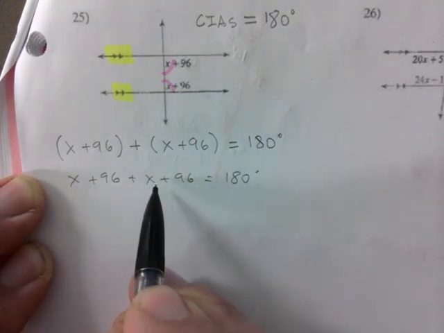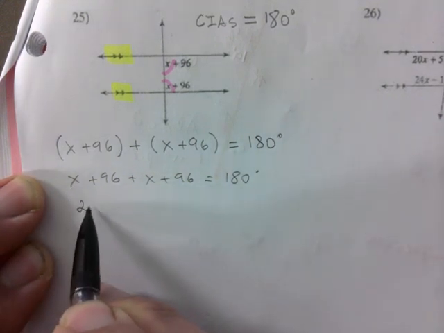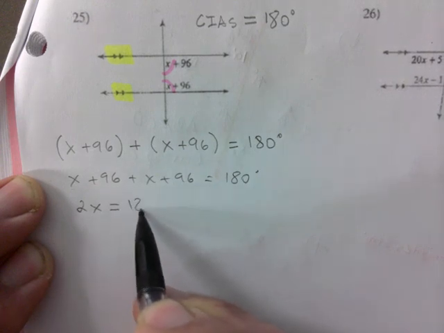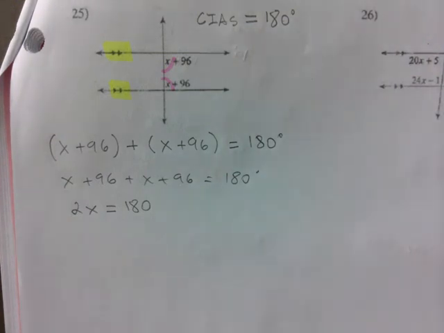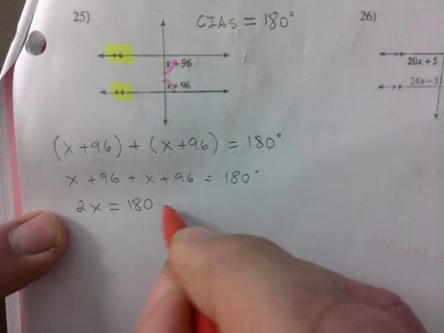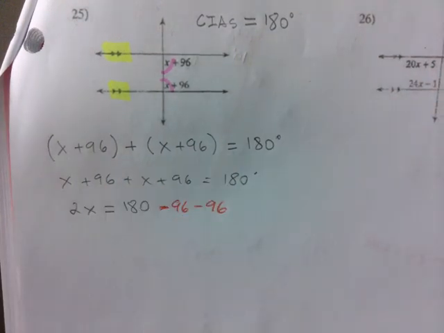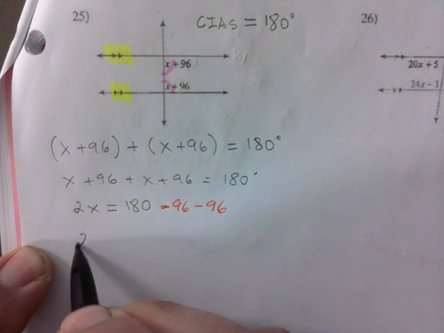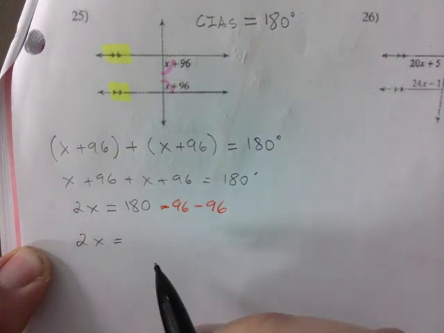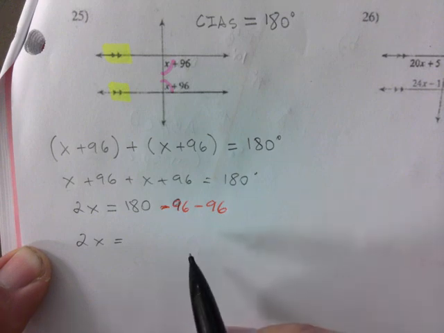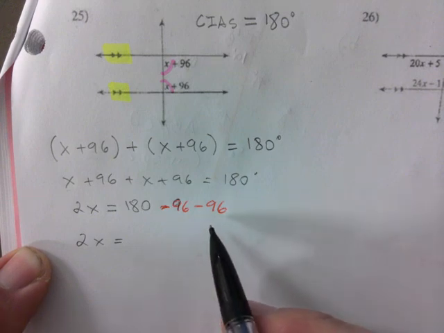We combine our x's, right? So that'd be 2x. And on the other side, I'll go 180. How about this? I'm going to go minus 96 minus 96. Both of these come over to the other side. 2x is equal to, 96 and 96, that's 192, right?